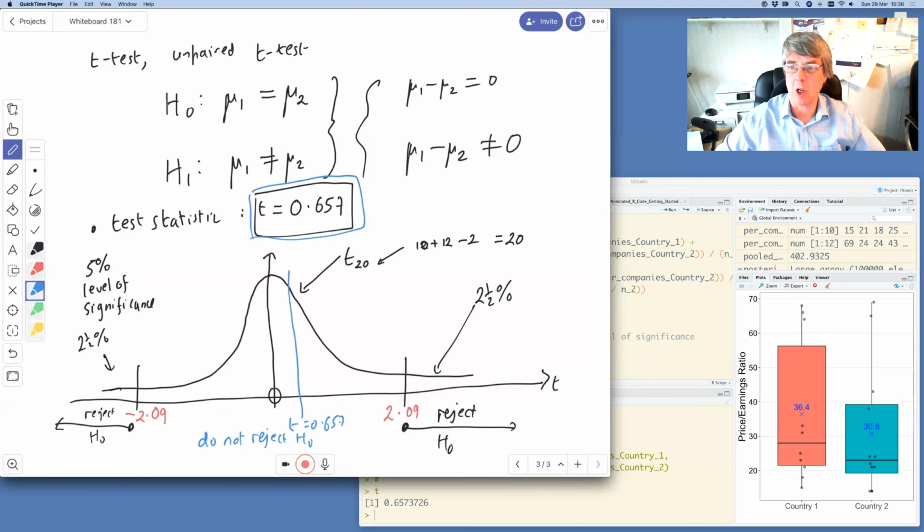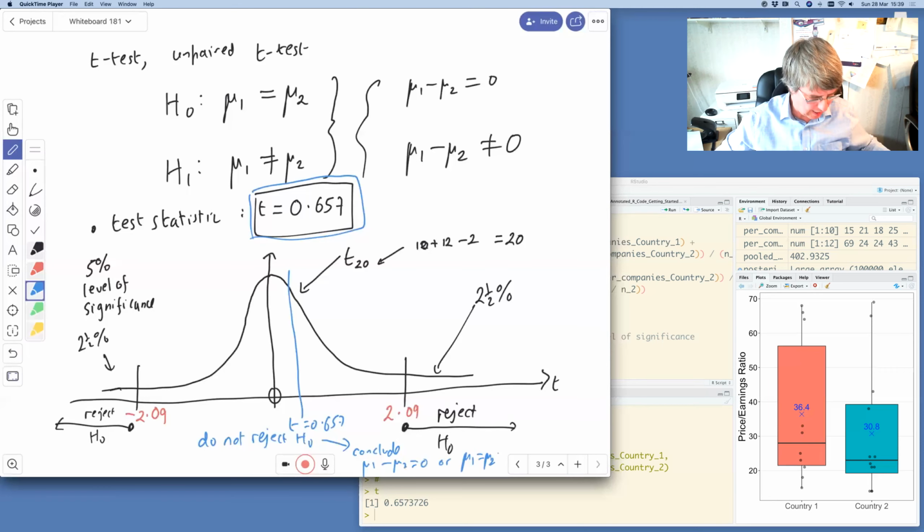And therefore, we conclude that the underlying mean difference in the price-earnings ratio for the two countries is 0, that there is no underlying difference. So we do not reject H0, and therefore we conclude that mu1 minus mu2 equals 0, or mu1 equals mu2.